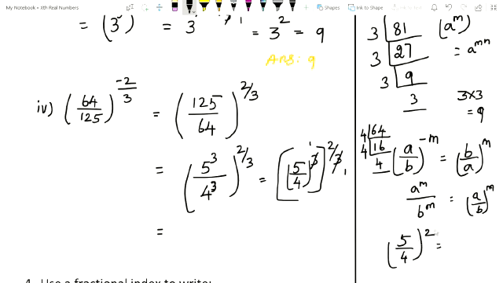Again reversing this exponent: a by b whole power m means what you will do? a power m by b power m. The same thing you have to do. 5 square divided by 4 square. So 5 square, what is the answer, children? 25. 25 divided by 4 square, 16. You understand, children?